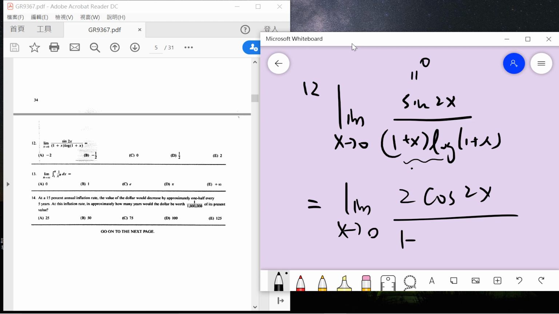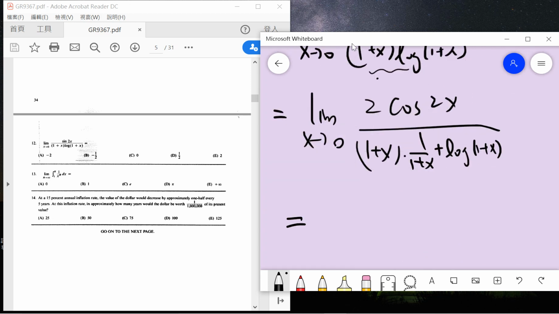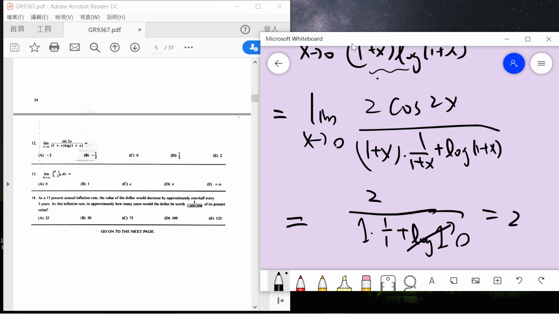So this is 1 plus x plus log 1 plus x. So this is 2 divided by 1 times 1, then plus log 1. So this is 0, the answer is 2. So the answer is E.